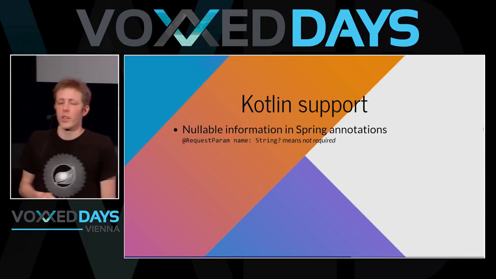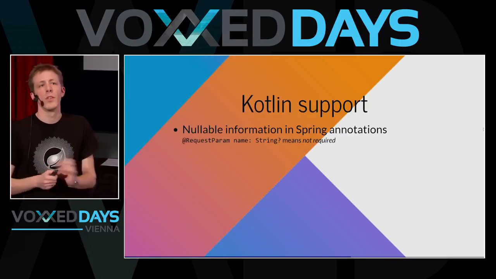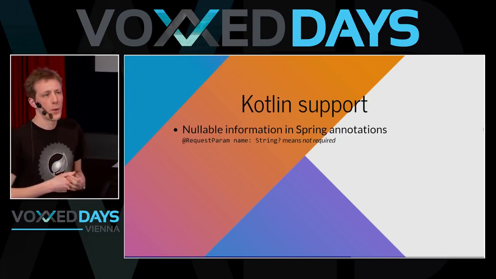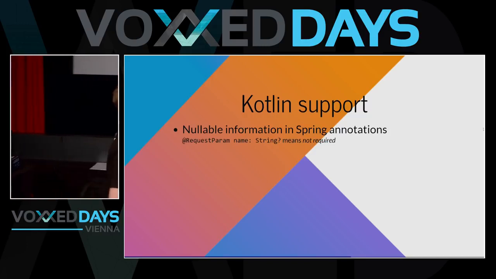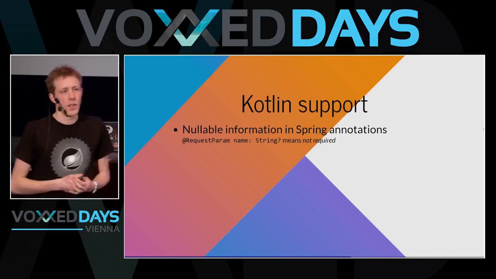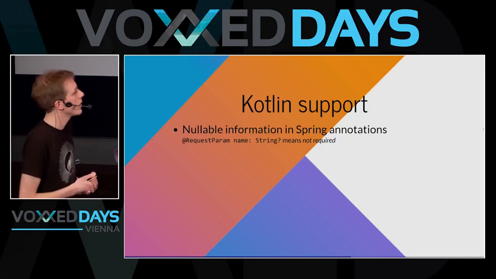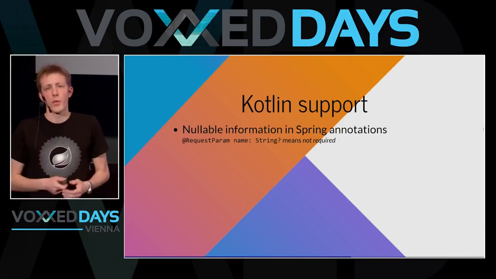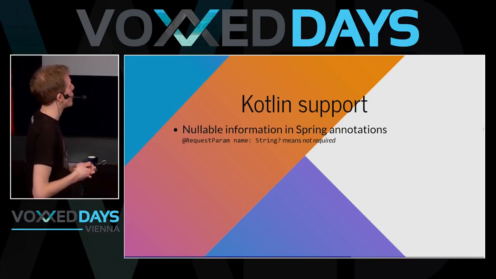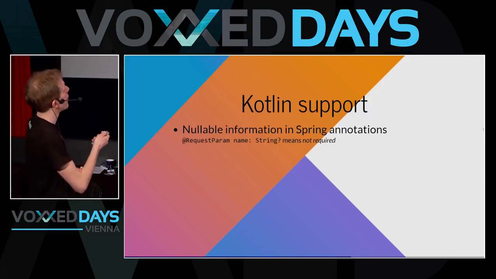So imagine you're writing a Spring MVC application and you need to specify whether a request parameter is required or not. Well, in Spring Boot 1 and in the Spring classic framework, you needed to enter this information in the request param annotation. So open up the brackets and say required is true or required is false. If you use Kotlin, you can use the nullable information. So you can just put this right there.